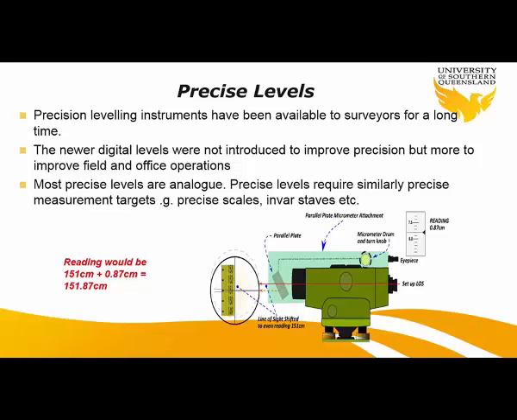The last tool I'm going to explain is the precise level. It's very familiar for us. We all know about the level in surveying, but a precise level has slightly different features from what you've seen in a normal surveying job. What we have here that is different is a parallel plate micrometer attachment.